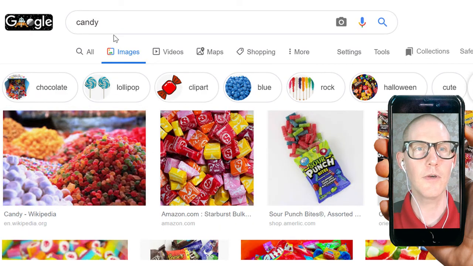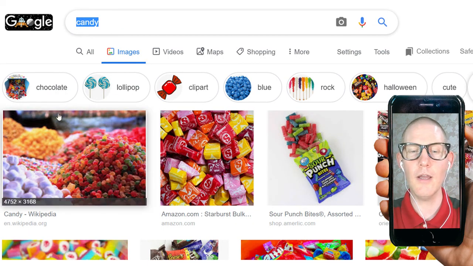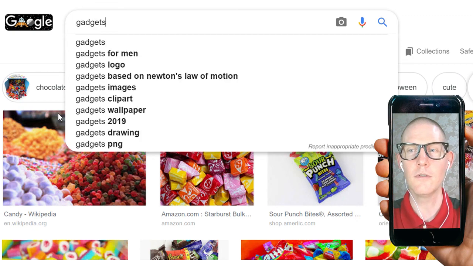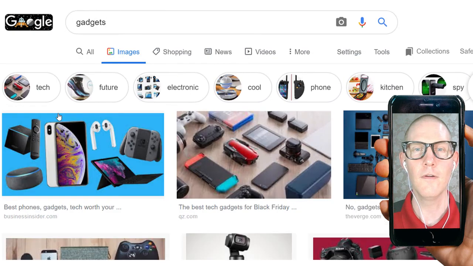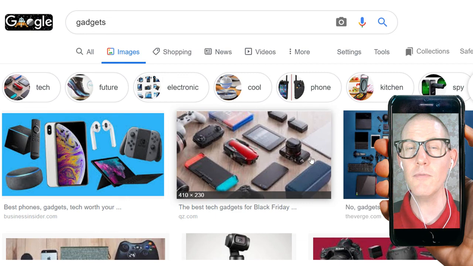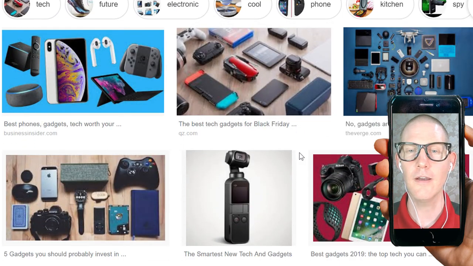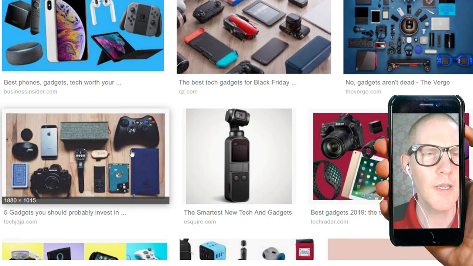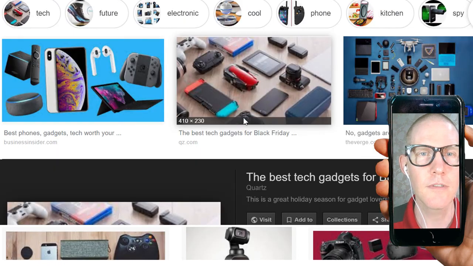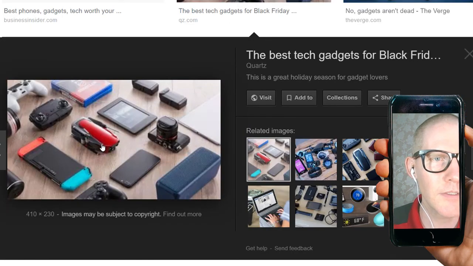What we're talking about. Gadgets could be a lot of different things. It could be cell phones, electronic gear. What do we have in here? There's a lot of different stuff. Looks like this one is a multi-tool.